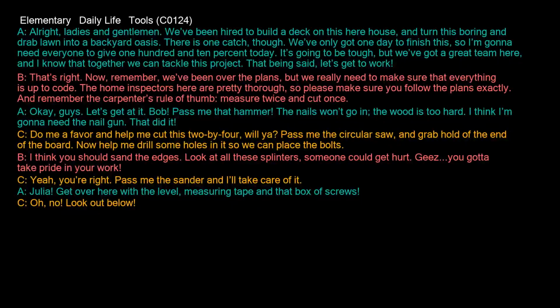Now help me drill some holes in it so we can place the bolts. I think you should sand the edges. Look at all these splinters. Someone could get hurt. Jeez, you gotta take pride in your work. Yeah, you're right. Pass me the sander and I'll take care of it. Julia, get over here with that level, measuring tape, and that box of screws. Oh no! Look out below!